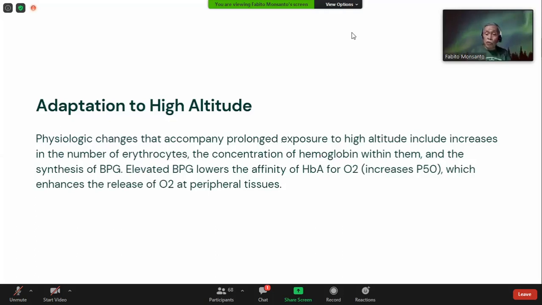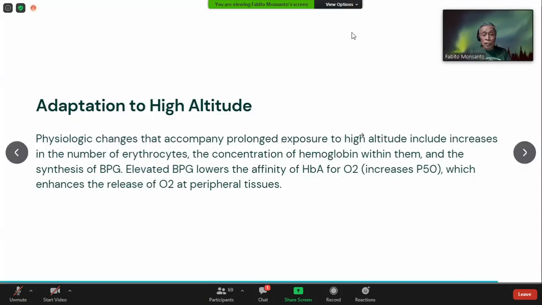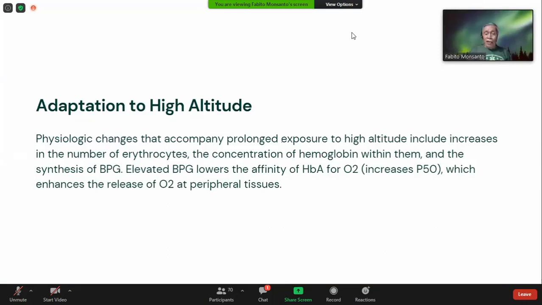Adaptation to high altitude. Physiologic changes that accompany prolonged exposure to high altitude. What is in the high altitude? Do you have a high concentration of oxygen or less concentration of oxygen? Less concentration.